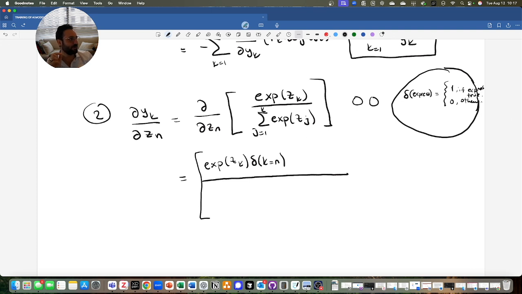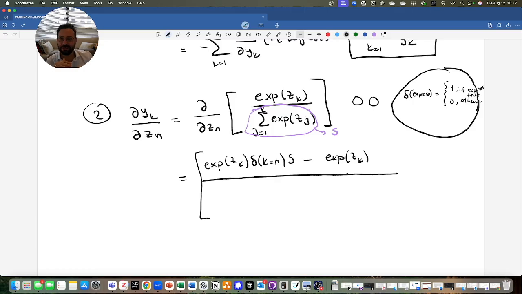Let me use my purple. I'm going to call this part, for the sake of simplicity, s for summation. Times s, the bottom part, minus the first part, exponential z of k, times the derivative of the second one.